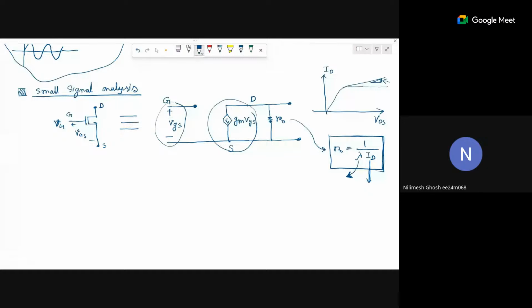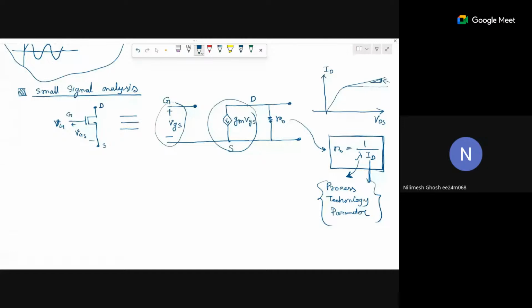Do you know what this lambda is? What is this called? This is called as process technology. This lambda is defined by the process technology.